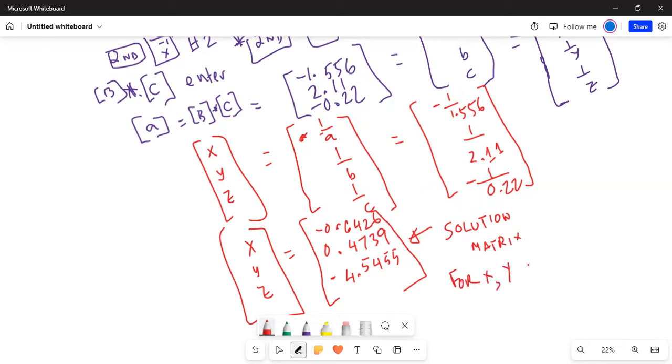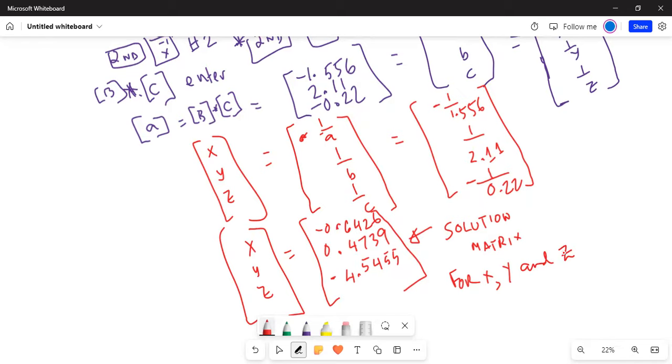To recapitulate what we did, we first said 1 over X is A, 1 over Y is B, and 1 over Z is C, and we plugged it into the original equation. We wrote an equation in matrix form: matrix A, the coefficient matrix, multiplied by the solution matrix is equal to the constant matrix C. Now, if we divide by matrix A on both sides, the solution matrix is matrix A inverse times the constant matrix.